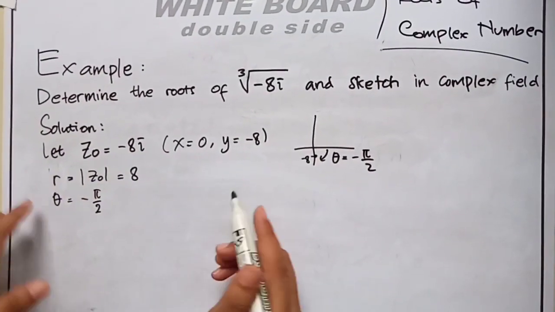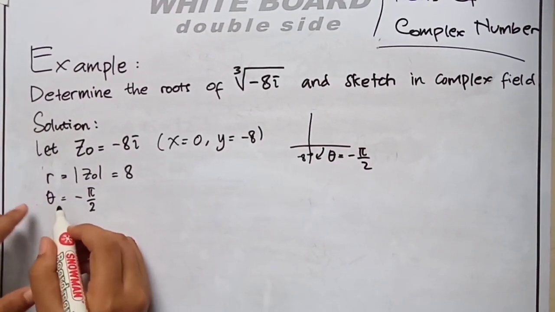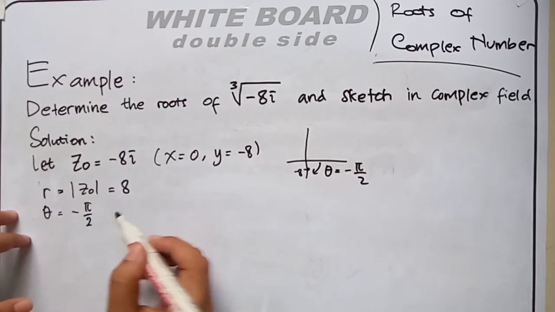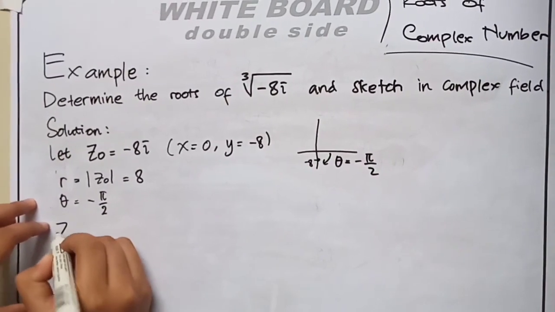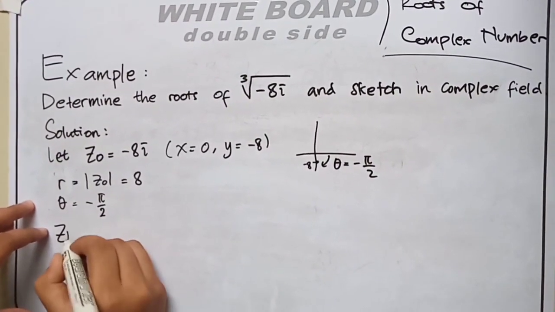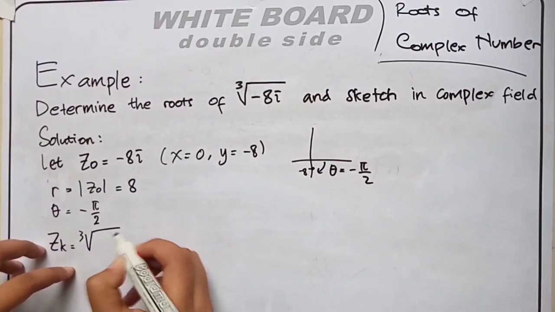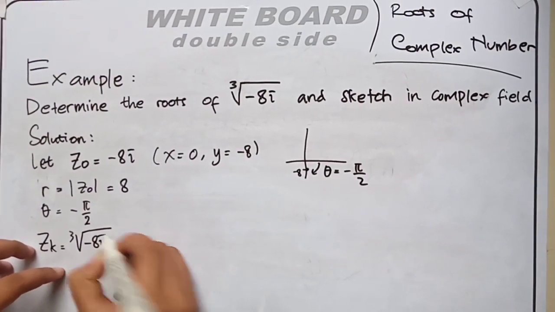After knowing this information, we move by input the information into the formula of roots of complex number. Let the zk is cube root of negative 8i.